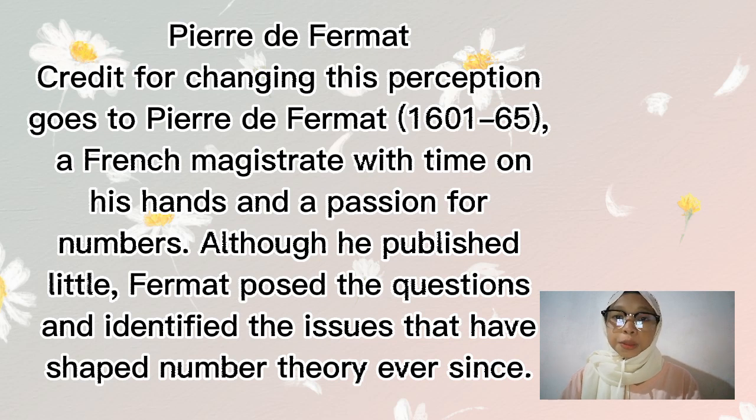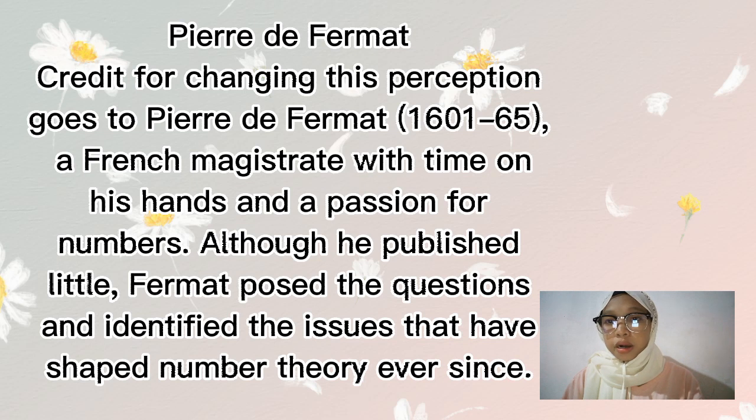Next, Fermat investigated two types of odd primes: those that are 1 more than a multiple of 4 and those that are 1 less. These are designated as the 4k plus 1 primes and the 4k minus 1 primes, respectively.